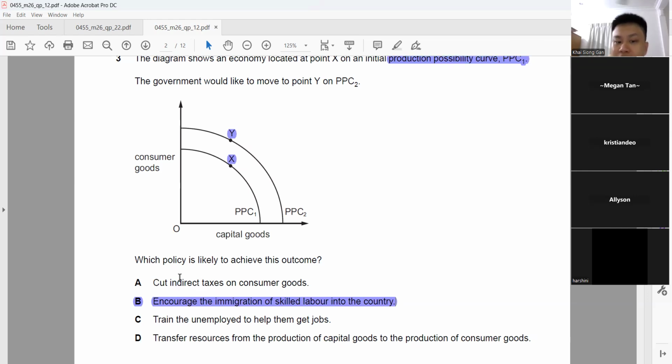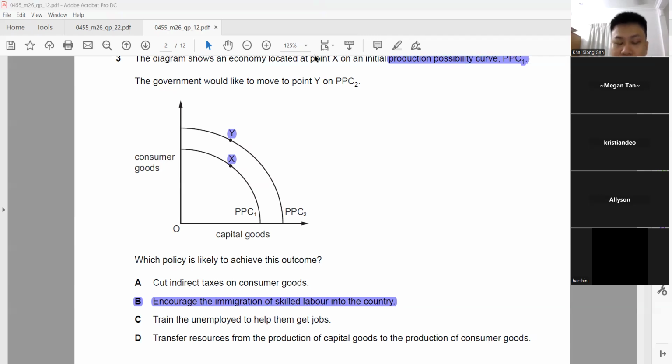When we talk about a cut of the indirect taxes on consumer goods, that will influence the supply, but you will only show this on the demand and supply graph, not on the PPC, because PPC shows us the maximum that can be produced by using all the resources in full. The impact of a cut in indirect taxes or the provision of subsidies you can only show on the demand and supply curve, where you can see the shift of demand and supply. Okay, so the answer is B.